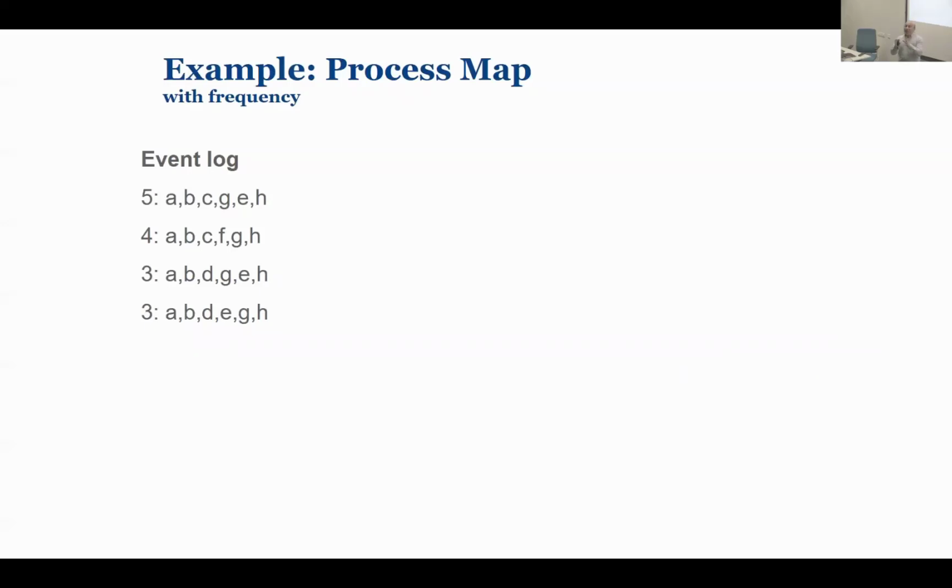And the best way of understanding what a process map means is by building one yourself, by drawing one yourself at least once, so that then when you see it in the tool, you understand, okay, this is what it means, and it doesn't mean more than this.